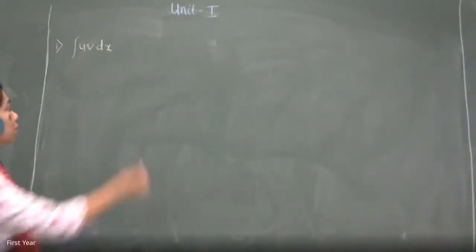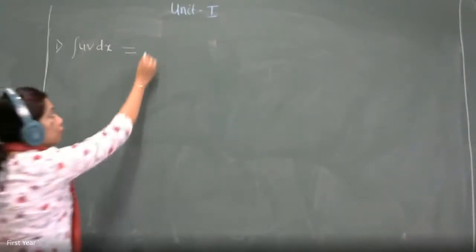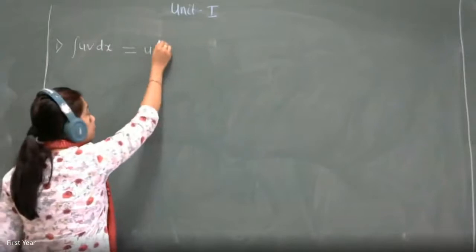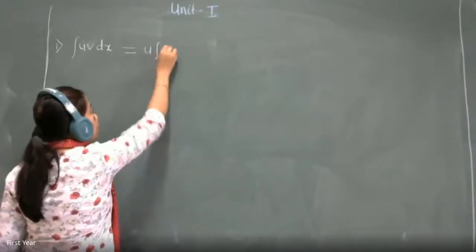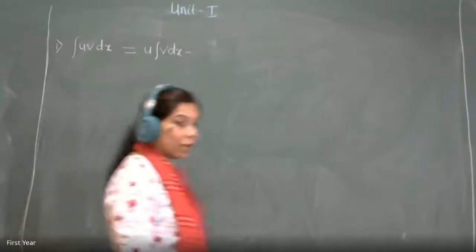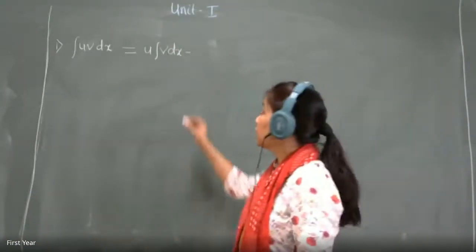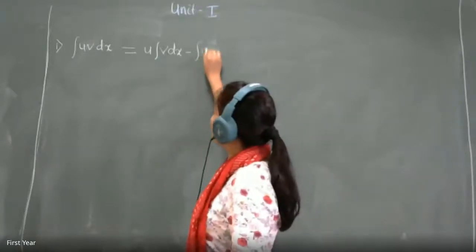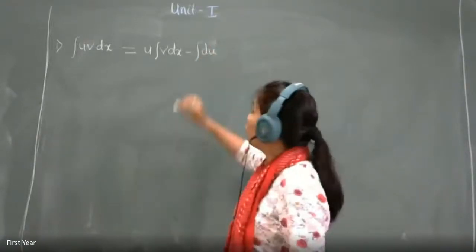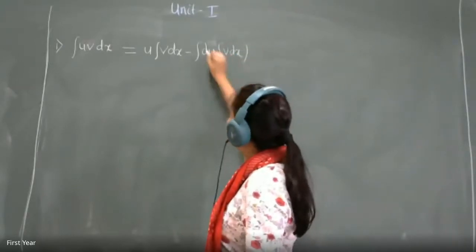Now do you remember the formula? We write u into integration of v dx, minus integration of derivative of u into integration of v dx. We are writing this in your notebook simultaneously so that we revise it also.